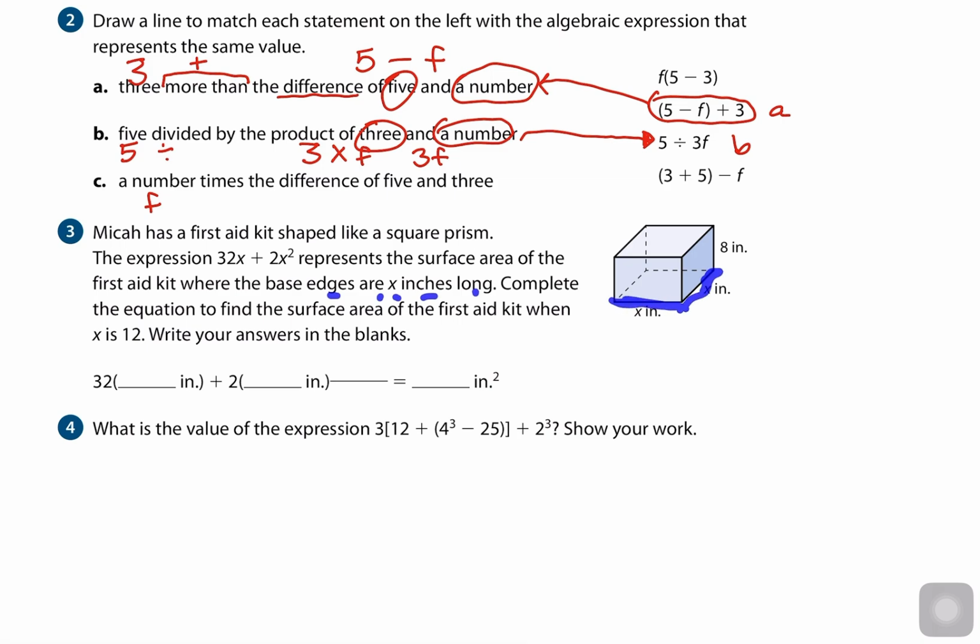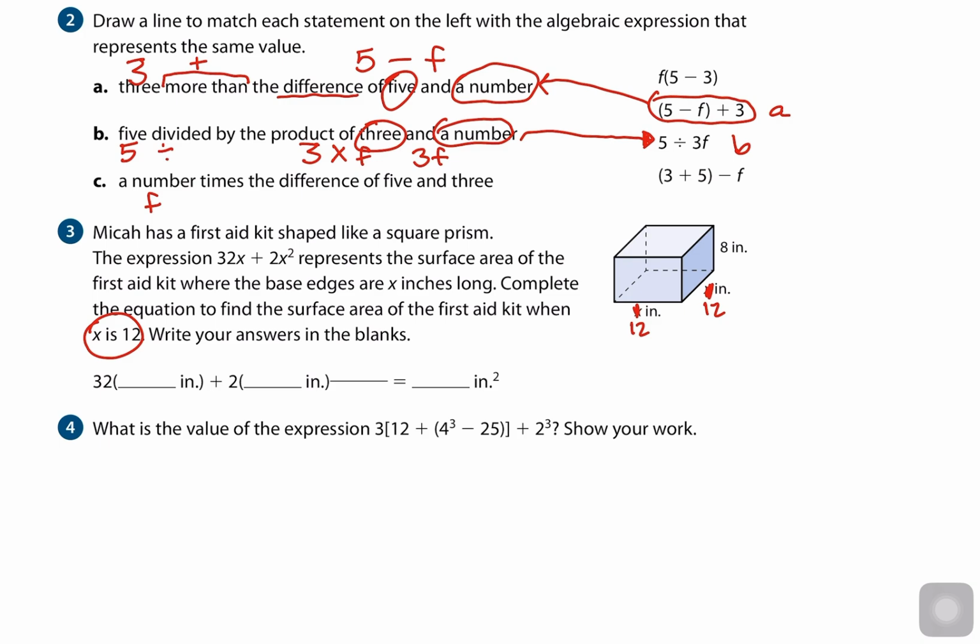Okay, this is the base. Okay. Complete the equation to find the surface area of the first aid kit when x equals 12. X equals 12, that's important, circle it. So x equals 12. Write your answers in the blank.